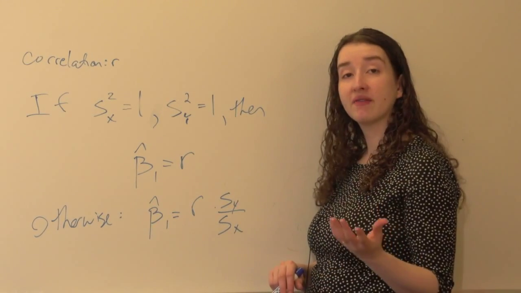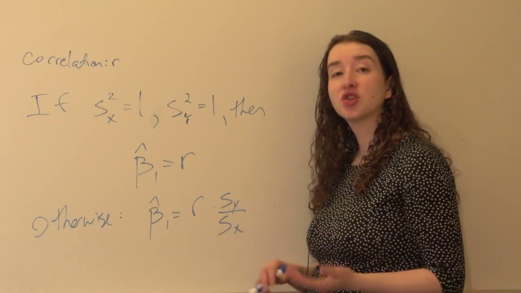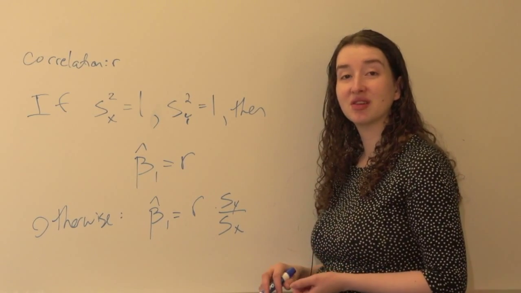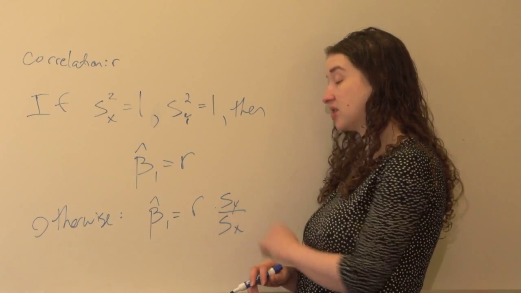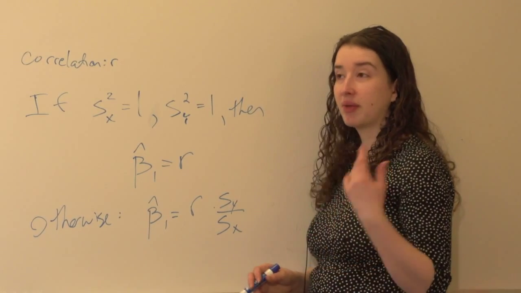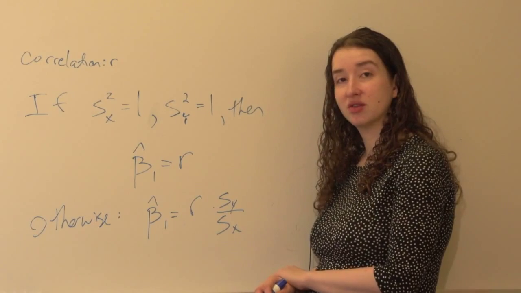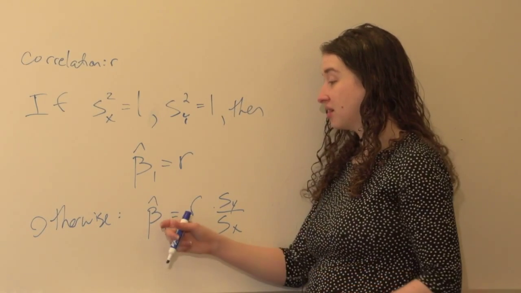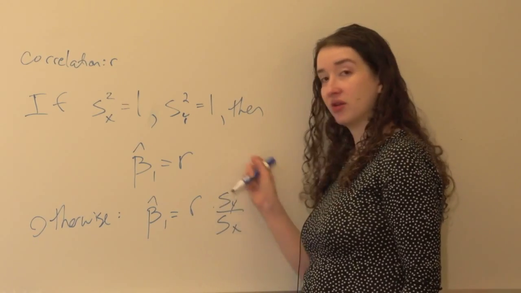If our y value, if our outcome is heights, this sy makes sure that we know whether we have inches or centimeters. If we change from inches to centimeters, we could change this sy. Suppose the x's are weights and we want to go from pounds to kilograms, the sx makes sure that we do that. So slope is just correlation standardized to have the right units.